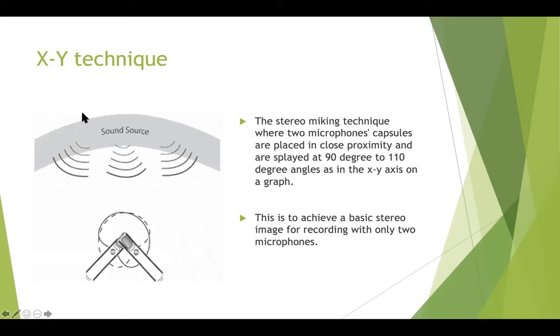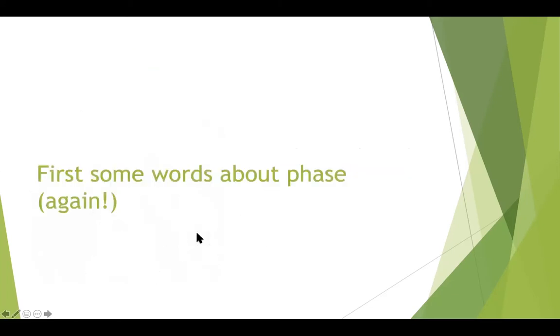The XY technique uses two microphones pointing in this XY pattern. I don't know why they call it XY pattern. You put the two microphones at 90 degrees, anywhere from 90 to 110 degrees, and splay them at an angle. In other words, you don't point the microphone directly at the sound source, you point it at an angle of 45 degrees. The whole angle is 90, 45 and 45, and you'll get a perfect stereo image with two microphones.